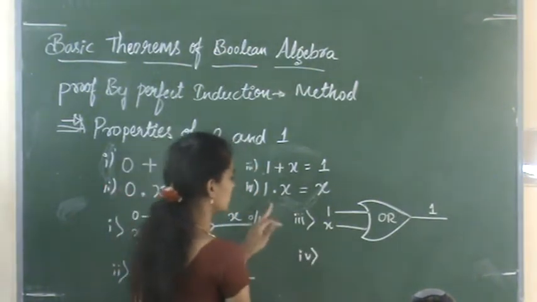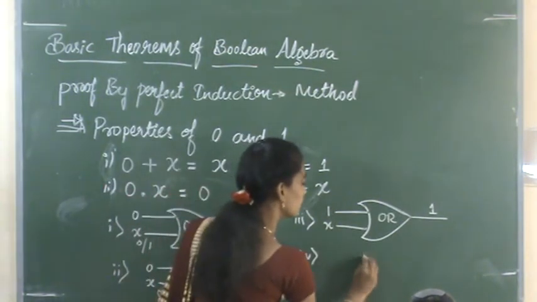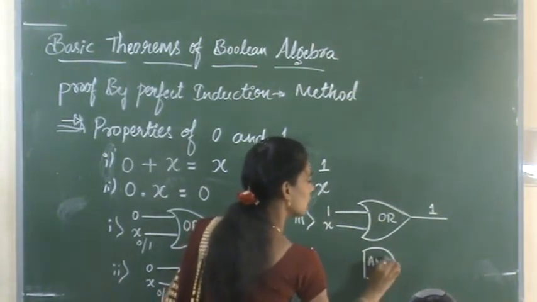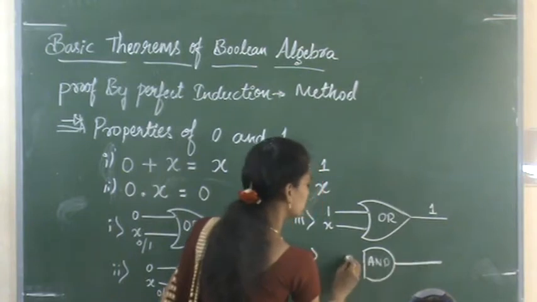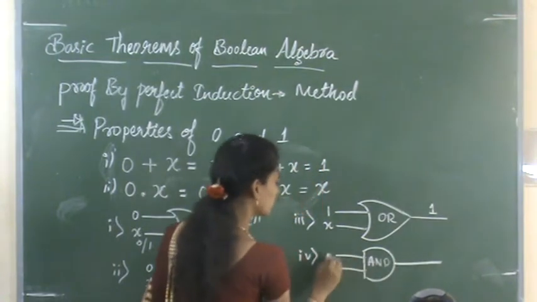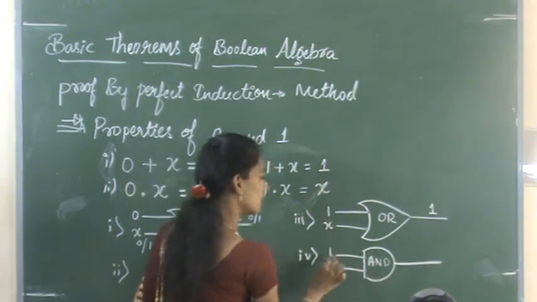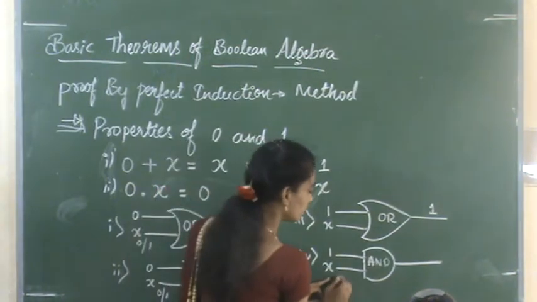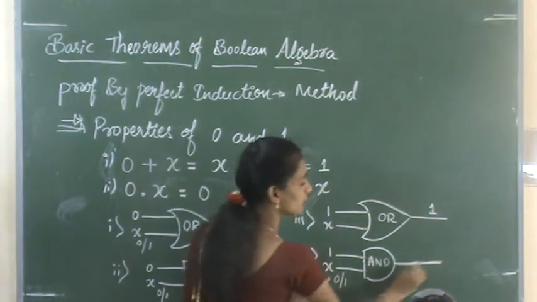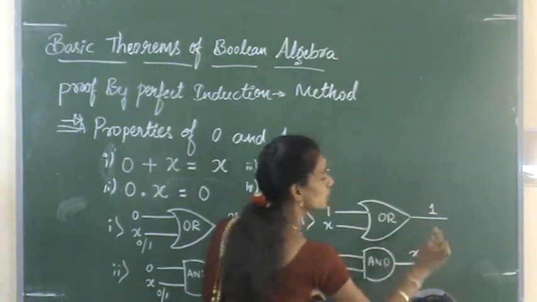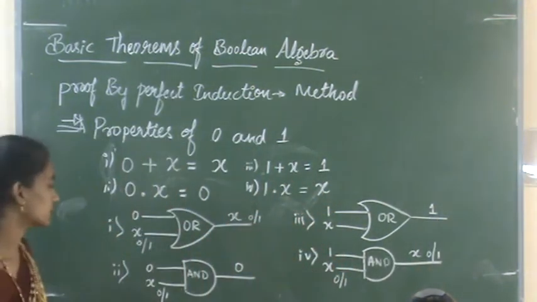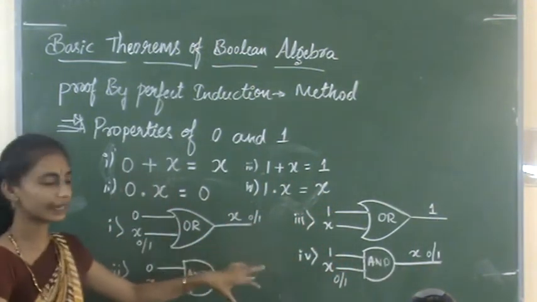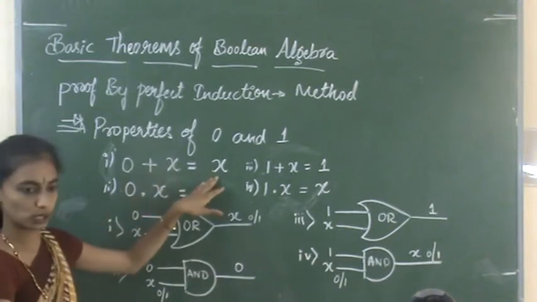Okay, so next, here we are using the AND gate. We are providing two inputs, one is 1, another one is x. Whatever value we provide for x, that will be the output. So these are the gates to represent these equations.